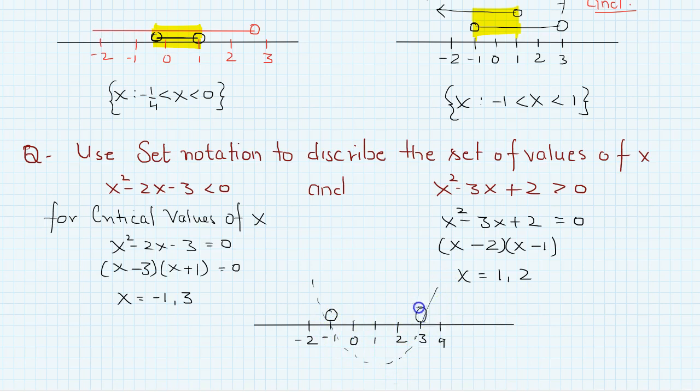So minus 1 to 3 is less than 0. So less than 0 is this portion of the graph. This y is less than 0, so we are going to take this portion of the graph. When we take this portion of the graph, we have this one. That is the solution, minus 1 to 3. Now this is greater than 0. So let's take 1 and 2. So this is 1 and 2.